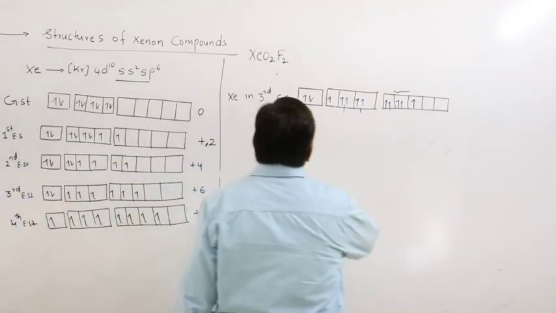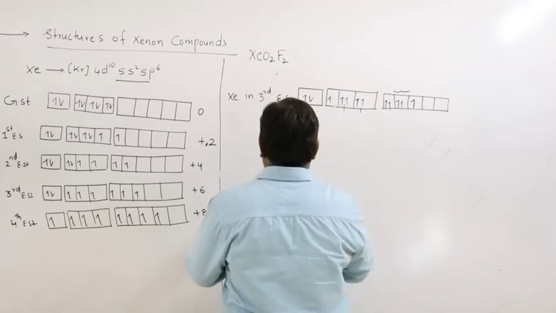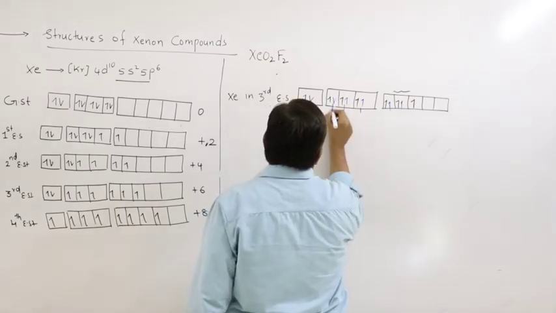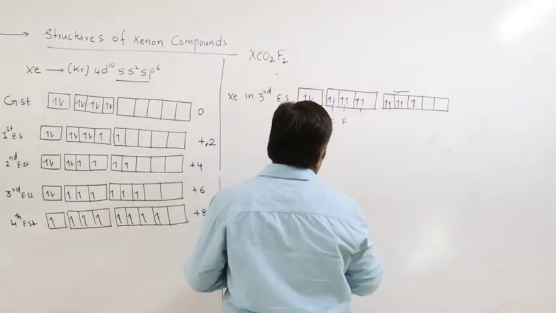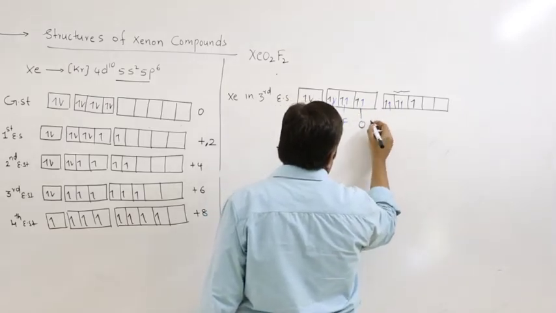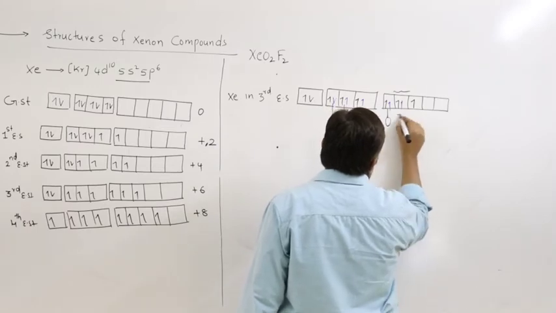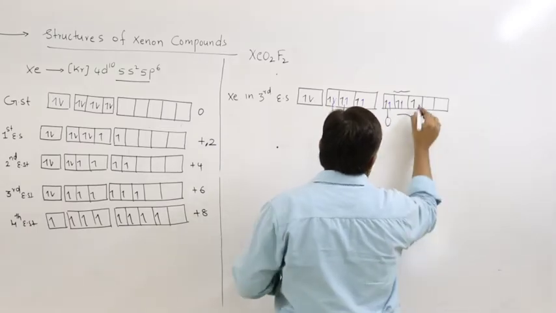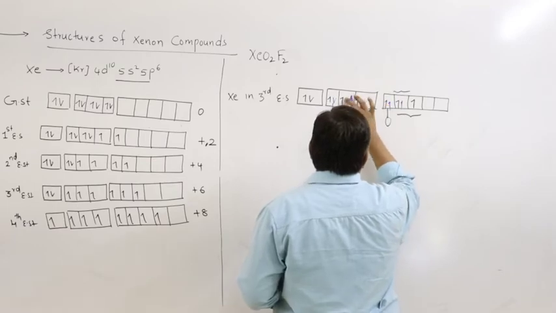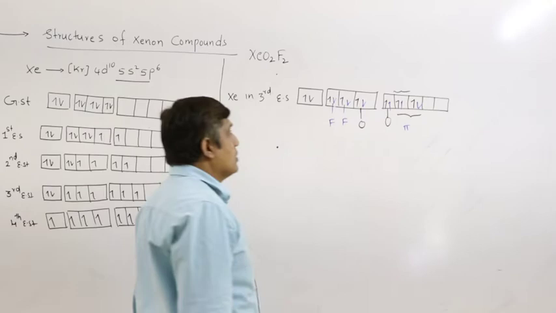So here one fluorine, another fluorine. So oxygen sigma bond, you will get oxygen sigma bond, and these two are pi bonded electrons.